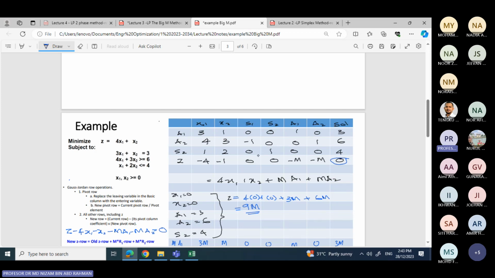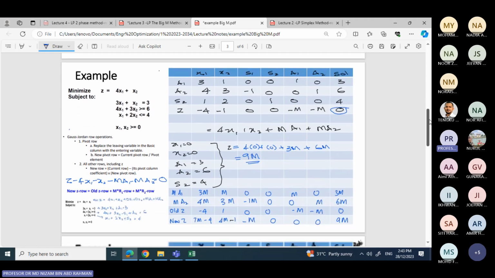So we just plug in the numbers, and as I explained just now, if I substitute a1 equals to 3, a2 equals to 6, s2 equals to 4, the z value should be 0, right? But when I did that substitution, the z value is 9M, not 0. So there's an inconsistency, and because of that, we need to solve that inconsistency.